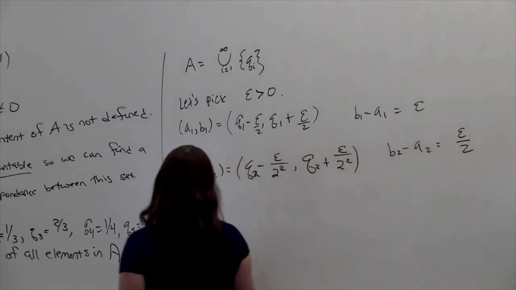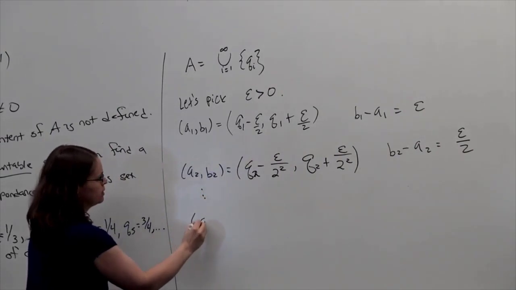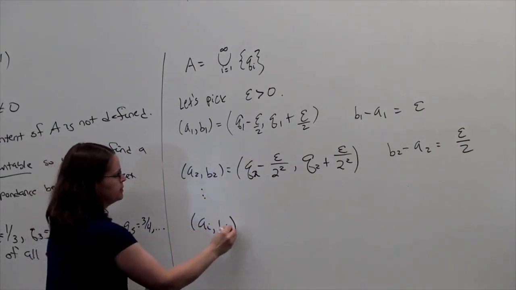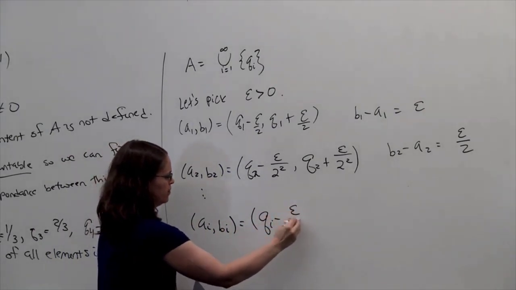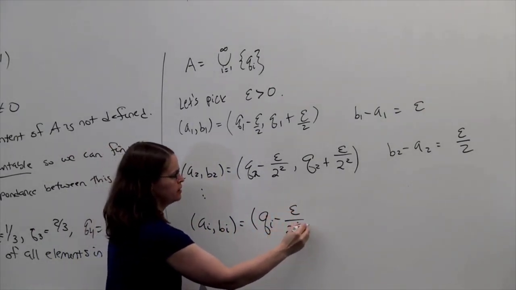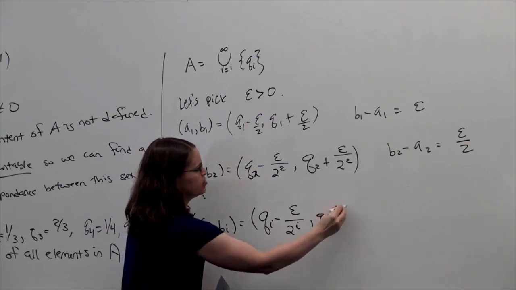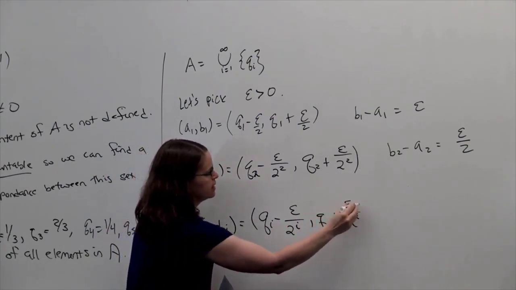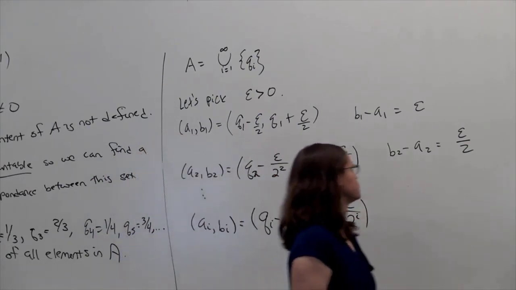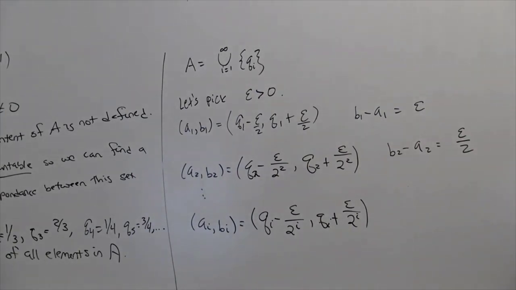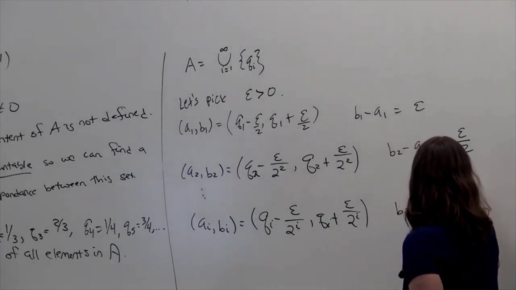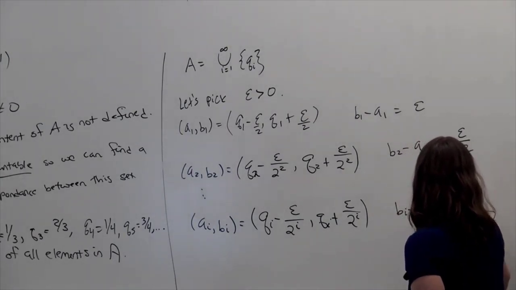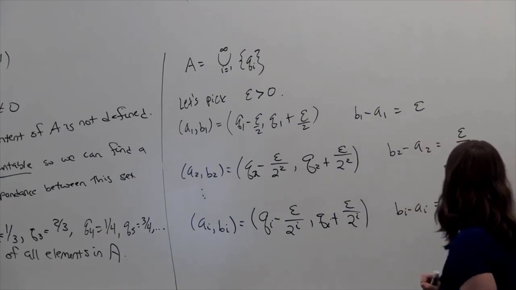And then I keep going like this, and in general, let AI, BI be the interval from QI minus epsilon over 2 to the I to QI plus epsilon over 2 to the I. So its length is epsilon over 2 to the I minus 1.